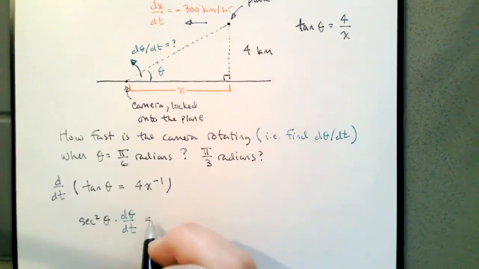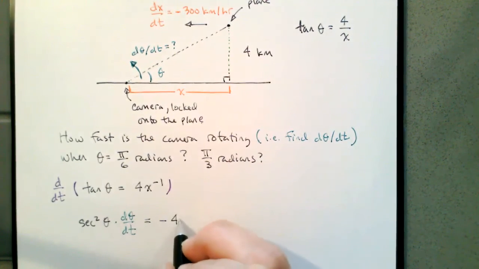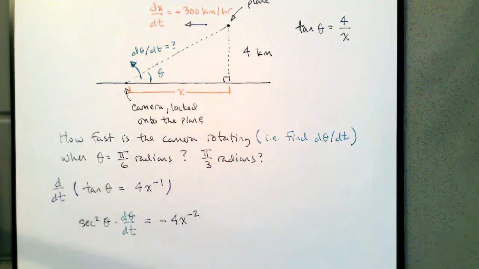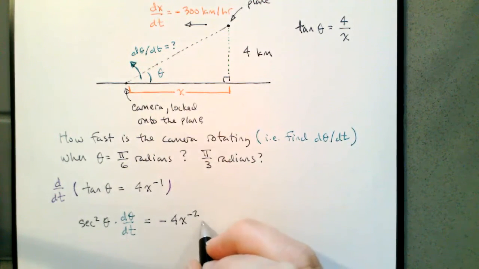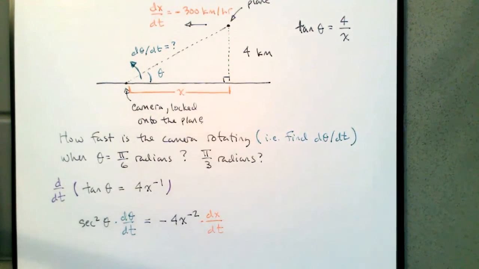This is equal to the derivative of 4x to the negative 1. So I'll have negative 4x to the negative 2, and then we'll have to multiply by the derivative of x with respect to time. Now we just have to calculate.